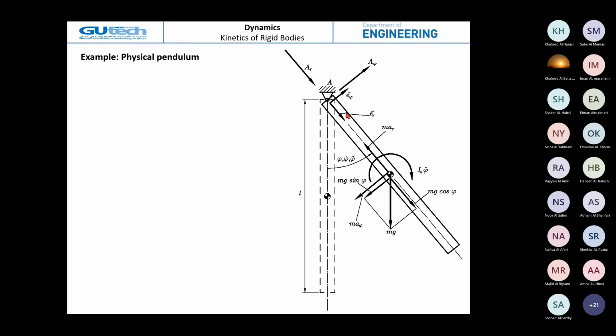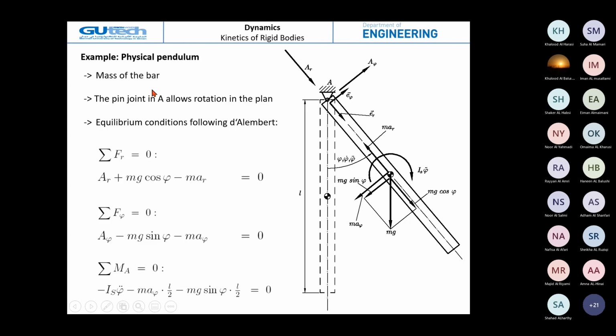We take here the pendulum. Okay. Here we have the mass of the bar. We have seen some examples where we had a mass point, and we neglected the mass of the rod. Now, opposite to that, we take the rod or the bar here, which has the mass m.